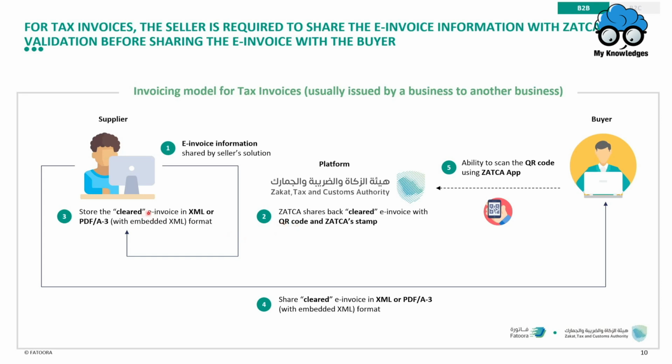Once the supplier gets that, they can store this invoice in an XML or PDF/A3 with an embedded XML format, and then and only then can they share it with their buyer. Of course, the buyer has an option to scan the QR code that was printed on the invoice against the Zatka platform to make sure that the invoice is cleared and authentic.